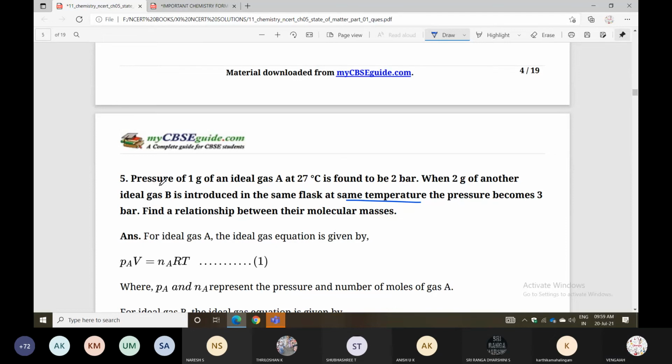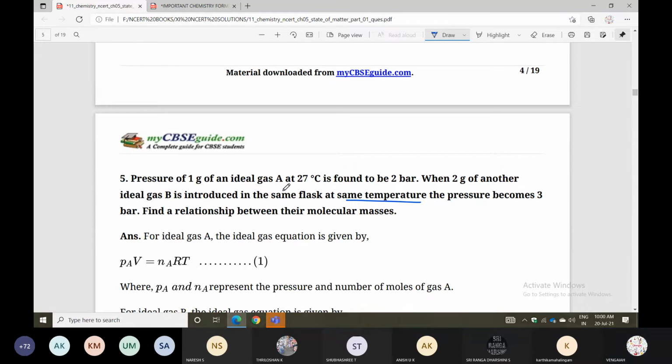Pressure of one ideal gas A at 27 degrees centigrade is found to be 2 bar. When 2 grams of another ideal gas B is introduced in the same flask at the same temperature, the pressure becomes 3 bar.